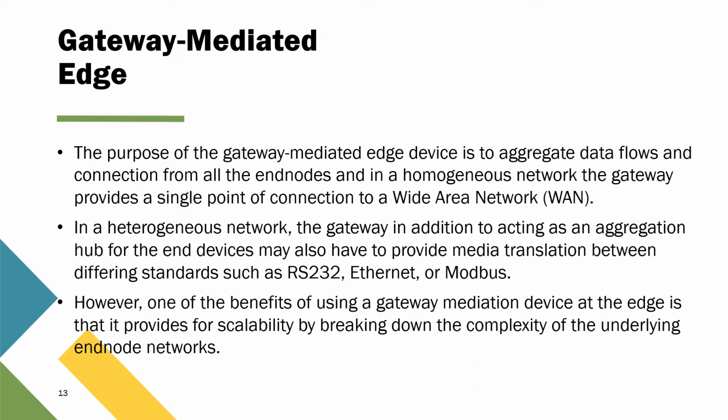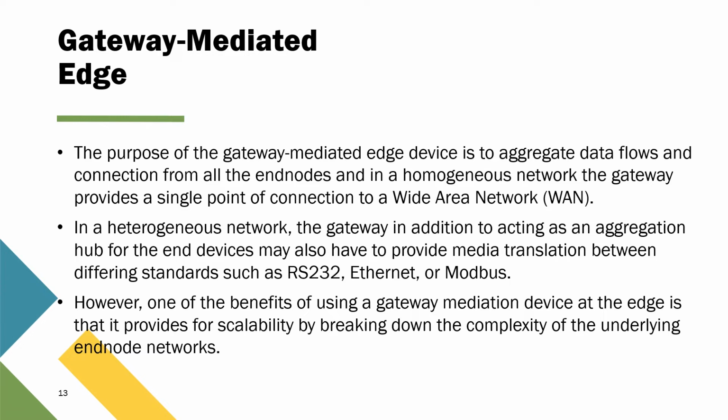What happens is each of the end nodes, for example the machines, the devices, and also the sensors, have their own connection, their own data, and also their own protocol.